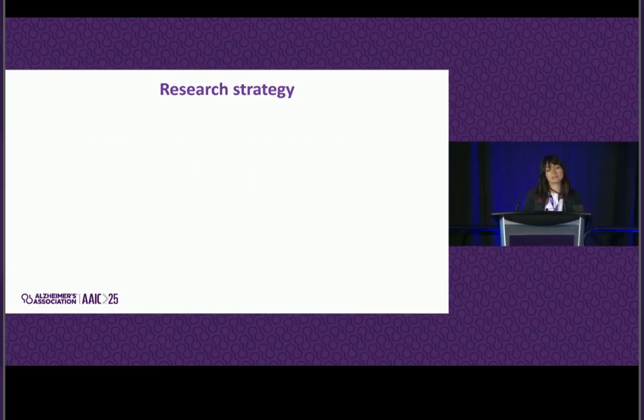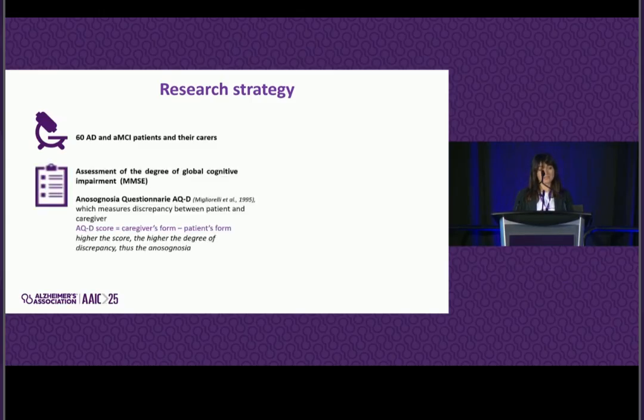To answer these questions, we recruited 60 patients, 30 AD and 30 amnestic MCI, and their carers. They performed a normal clinical and neuropsychological evaluation to be sure of the diagnosis, and the global cognitive impairment was assessed by the Mini-Mental State Examination, and awareness was determined using the Anosognosia Questionnaire Dementia.